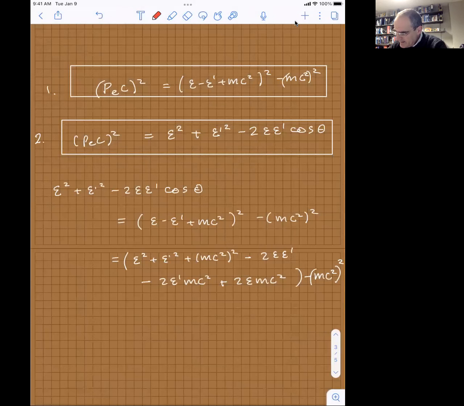Now look, we can cancel a term here. This cancels with that. And then between the two equations, we can see that this cancels this, and this cancels that. Very good. Let's rewrite what we have left.